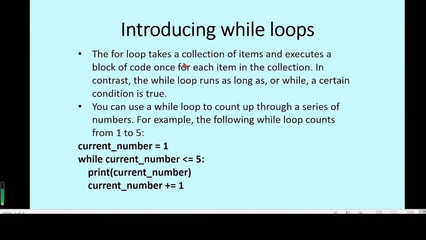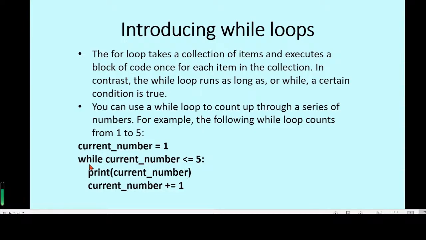The for loop takes a collection of items and executes a block of code once for each item in the collection. In contrast, the while loop runs as long as, or while, a certain condition is true. You can use a while loop to count up through a series of numbers. For example, the following while loop counts from 1 to 5. We set current number to 1 initially.